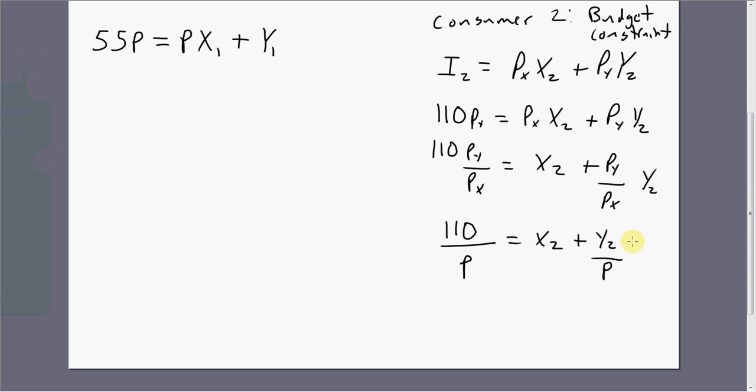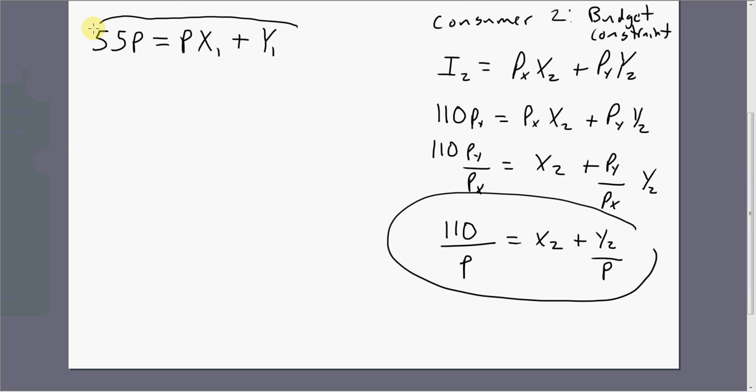And we now have consumer 2's budget constraint. Okay, so consumer 2's budget constraint and consumer 1's budget constraint. So that's the first thing I like to do in these type of problems. The next thing I want to do is maximize utility for consumer 1.